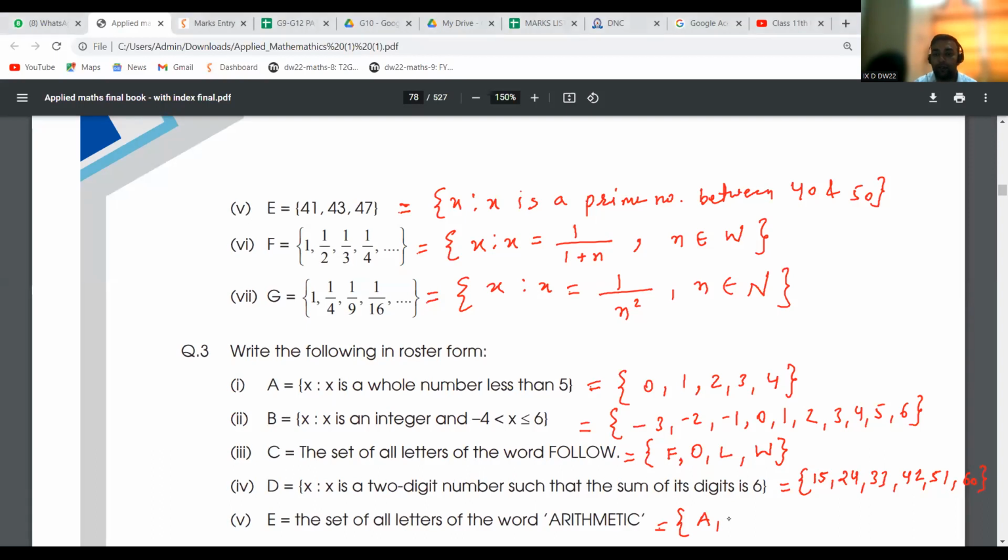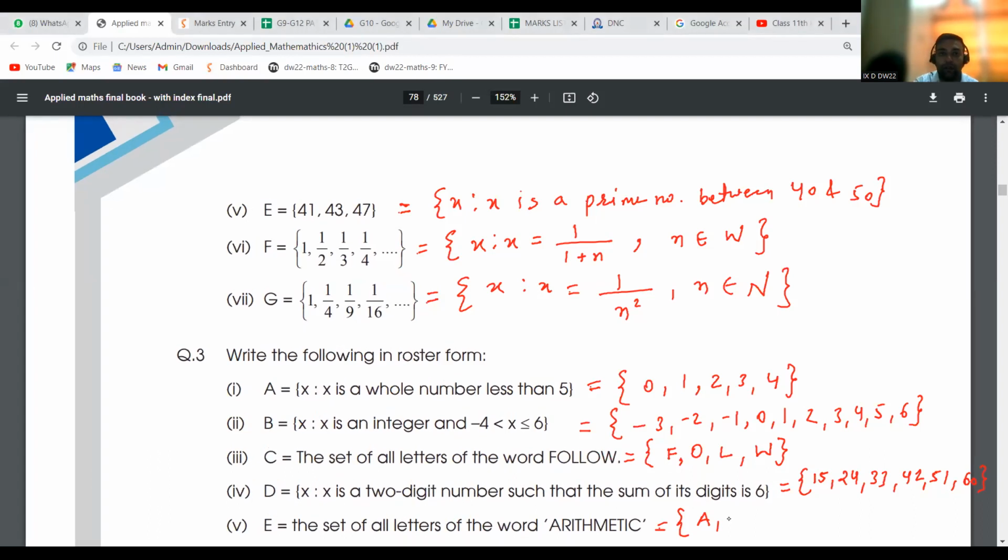So A, R, I, T, then H, then M, E, then T, I are repeated, so they will not be written here. And then the last is C. So this will be the set of all the letters of the word arithmetic here, right? So this is how we have to convert them into roster form.